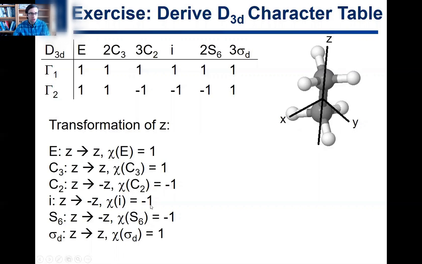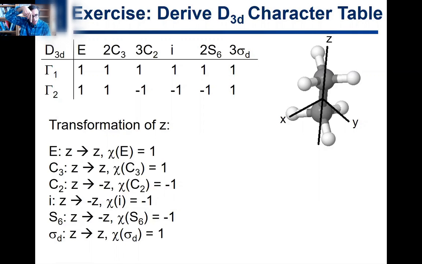A C2, though, that's perpendicular to the Z, so that's going to be 180 degrees, and Z is going to go to minus Z. So that's going to be negative 1. Inversion, X, Y, Z goes to negative X, negative Y, negative Z. So by definition, Z goes to negative Z. That's going to be negative 1. And an S6. With an S6, we're doing a C6, rotating it.